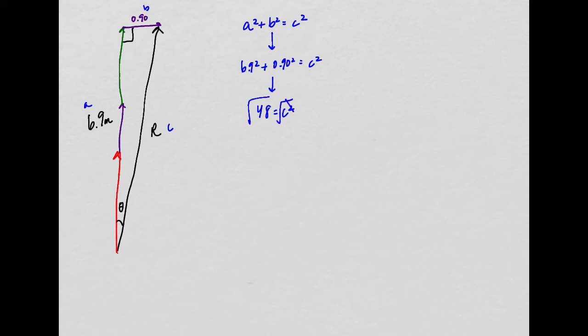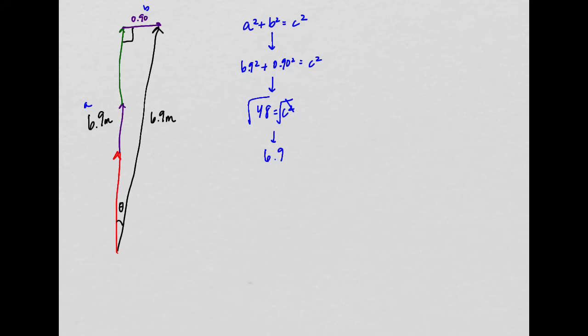Take the square root of each side, and I get that c equals 6.9. All right, so erase that. We get c equal to 6.9 meters.